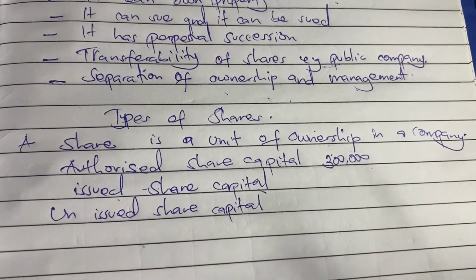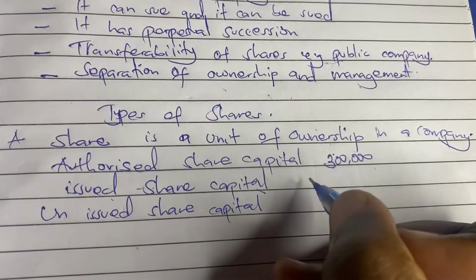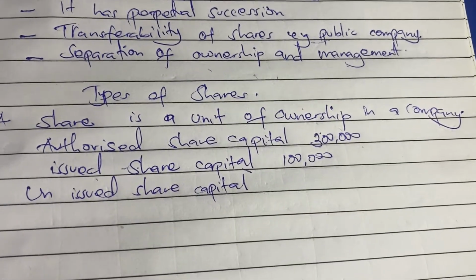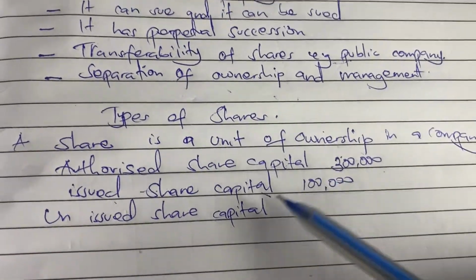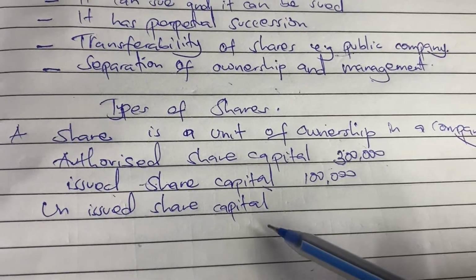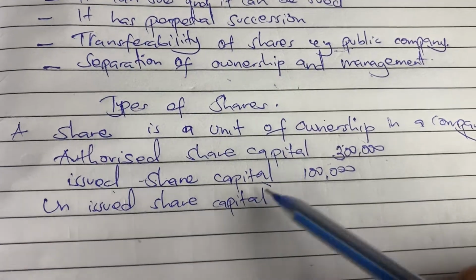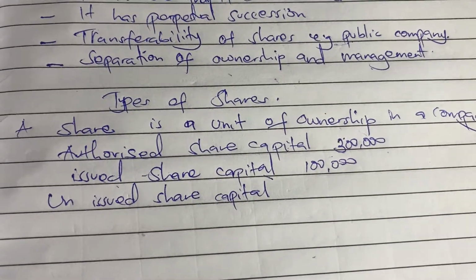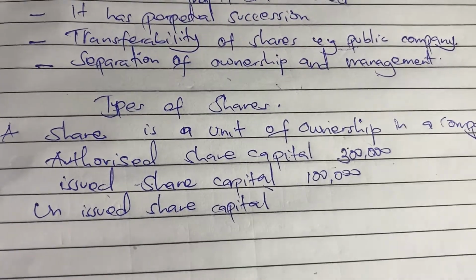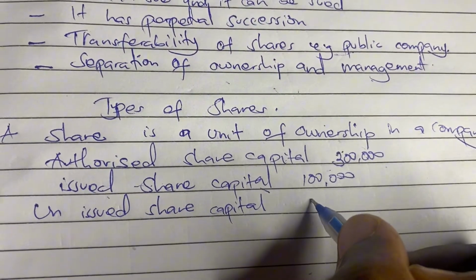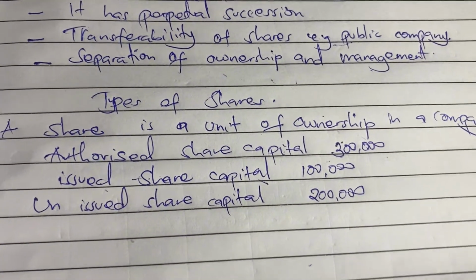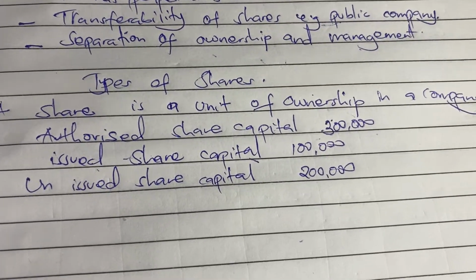Maybe the company issued 100,000 shares, then the difference between the authorized and the issued gives us the unissued. The unissued share capital is the share capital that was not issued to the public. So this minus that, which is 200,000, gives us the unissued share capital.